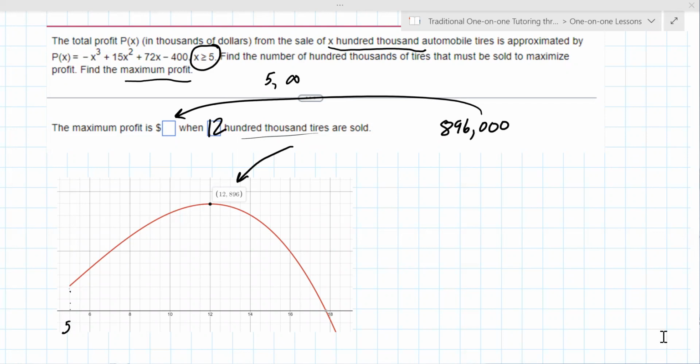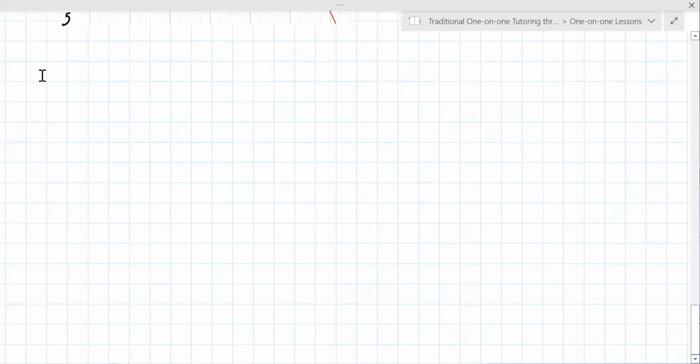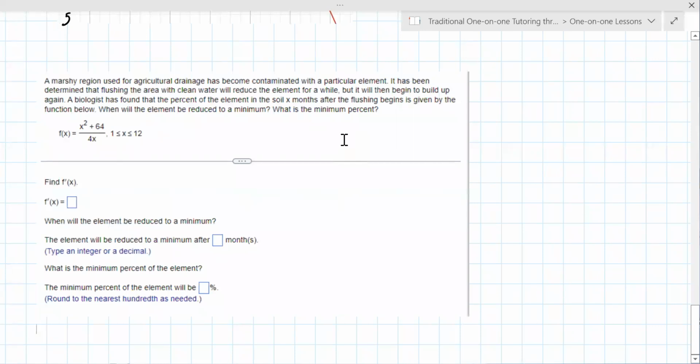All right. Next problem here. A marshy region used for agricultural drainage has become, okay, there's a lot of words there. We need to find the derivative of this function right here. And I would actually divide both of these by 4x first. So x squared over 4x plus 64 over 4x.